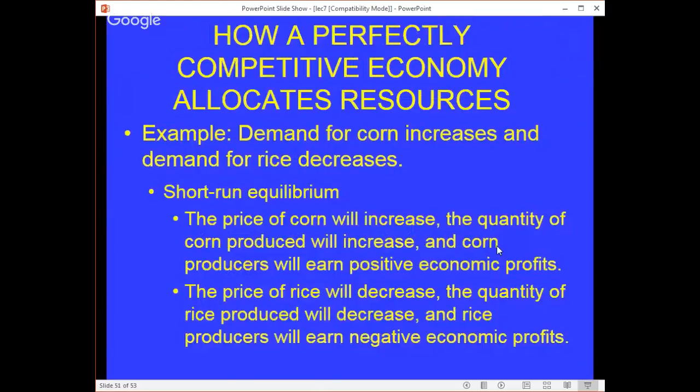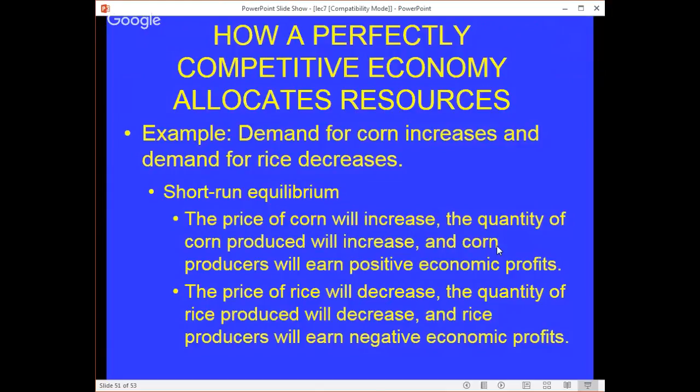In this case, I'm going to assume, again, that these are constant cost industries. I have 2 industries. I have the industry for corn, the corn farmers, and the industry for rice farmers. I'm going to assume that in the short run, the demand for corn increases and the demand for rice decreases. So in the short run, the price of corn will increase because of the demand increase.